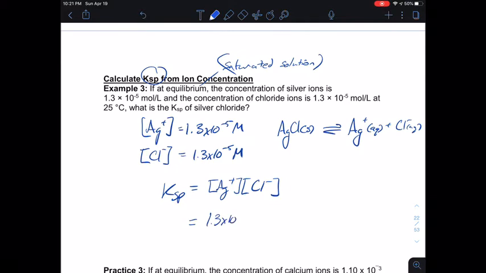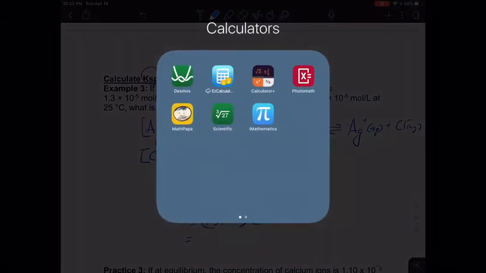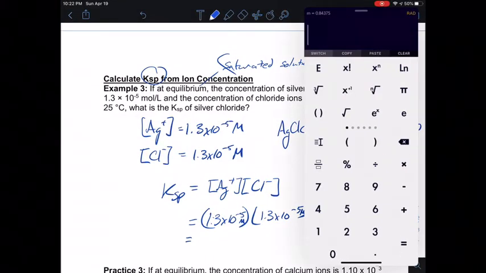1.3 times 10 to the negative 5, we're multiplying that by 1.3 times 10 to the negative 5. You could do 1.3 squared if you wanted. I'm going to pull up my calculator here, and I'll show you some trickery.